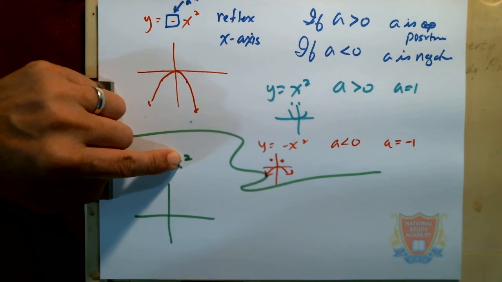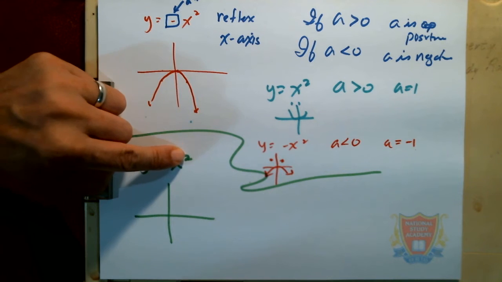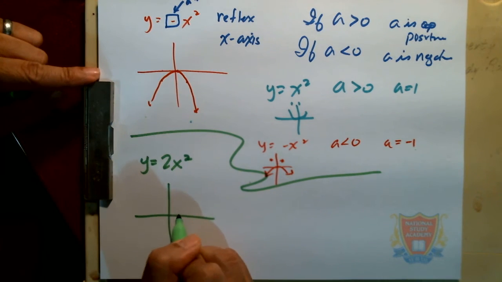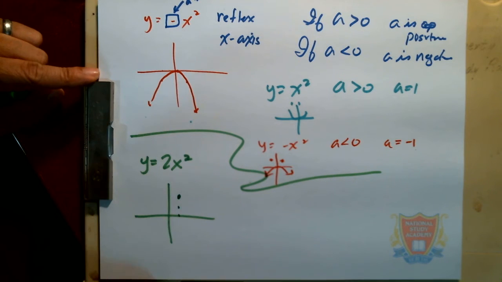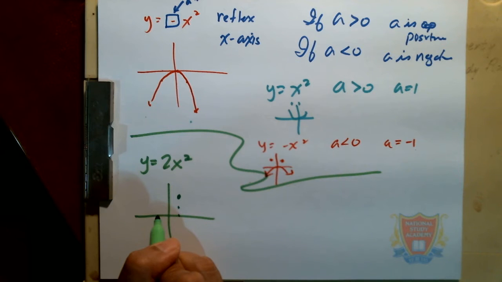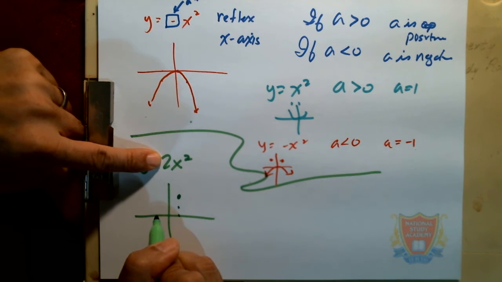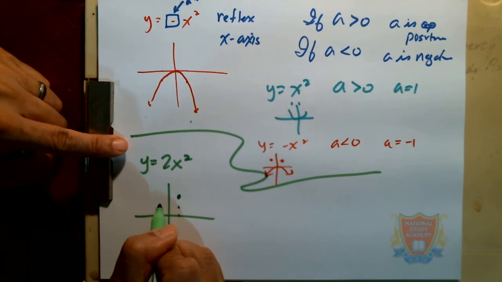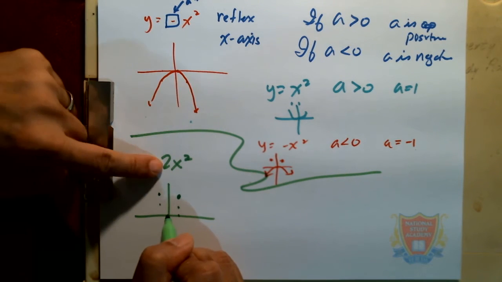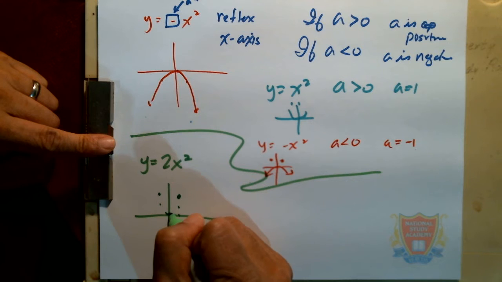PEMDAS, by convention, tells you to use the exponent first. 1 squared is 1, and then times 2 is 2. So at 1, it goes up 2. At negative 1, squared is 1, times 2 is 2, up 2 again. At 0, it's 0.